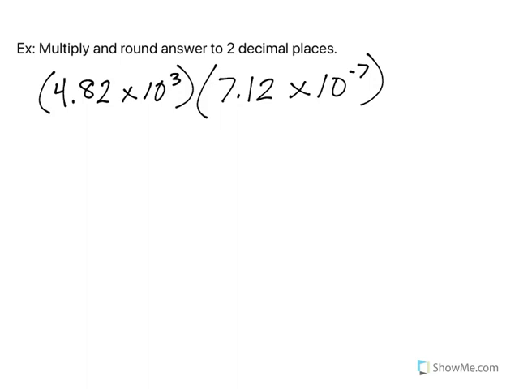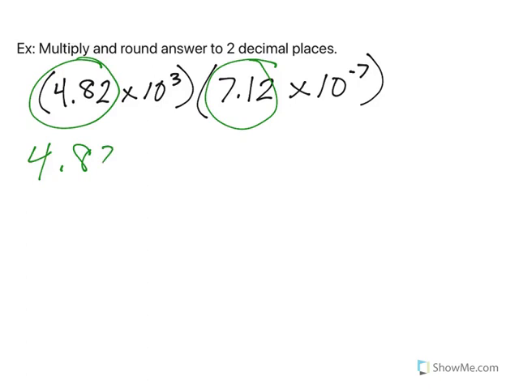Now let's multiply. So again, we're going to start by keeping our answer in scientific notation, rounding at the end. Same process. Multiplication is commutative, so I can multiply in any order. So I'm going to multiply my 2 numbers that are not the exponents.